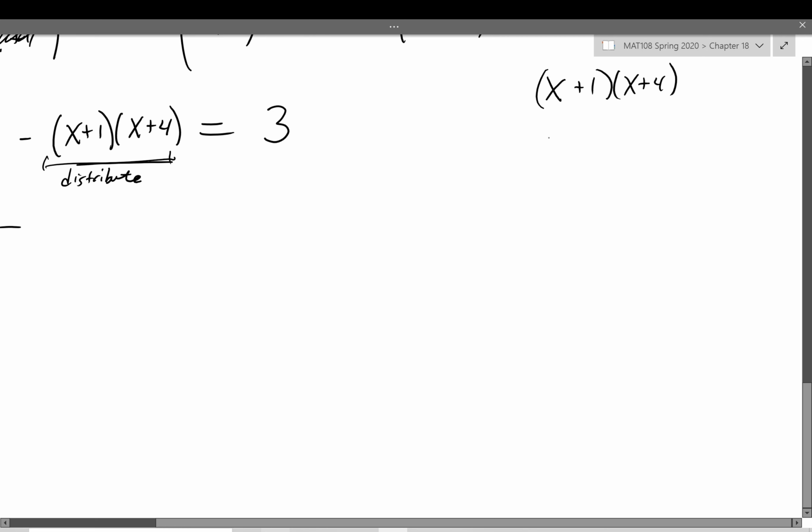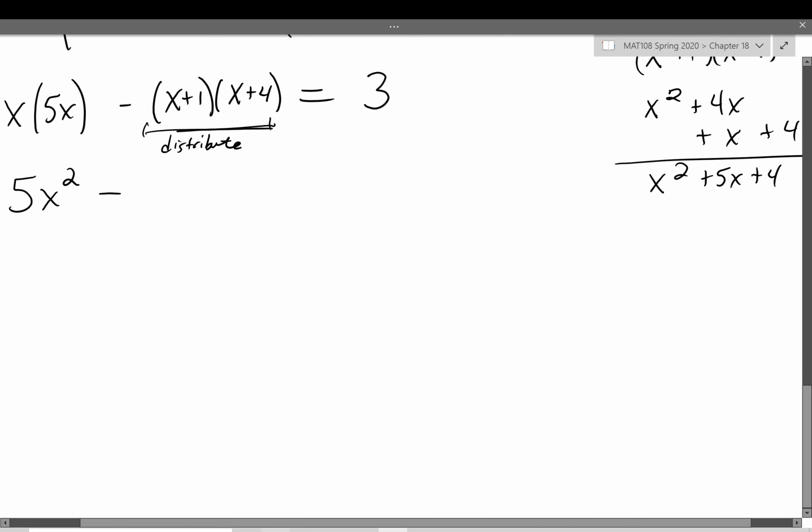That's going to give me x squared plus 4x plus x plus 4, or x squared plus 5x plus 4. Now, you have to be very careful because do you see this minus sign right here? You have to put parentheses around x squared plus 5x plus 4.